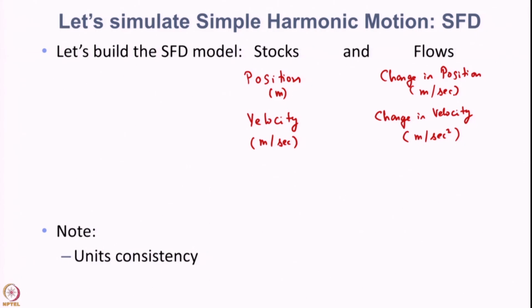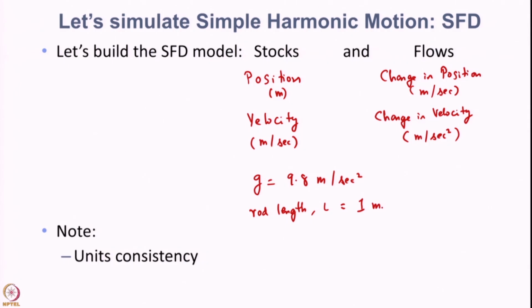Thus all the flows are over time and of the respective stock that they are going to affect. Right. So this is the model that we are going to build. We need to use some other values. So we will be using the value of gravity as 9.8 meters per second square and the value of rod length L as, say, 1 meter.